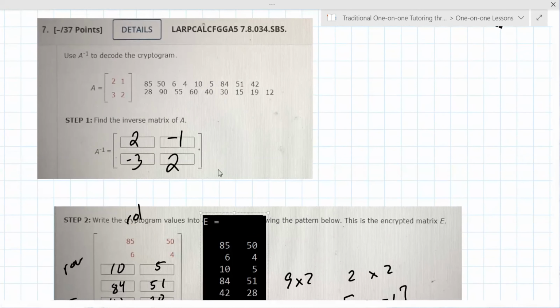So I've got to do the inverse. All right, no, that didn't, where is that? Okay, so here is my answer. Snip that in.